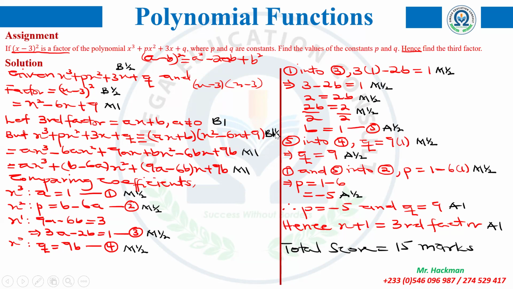Prof. Della? I think you've answered my question. I was going to ask that the comparing coefficients, the x raised to the power 1, what if you made B the subject? Yes, please. Oh, you have your plan. So that's exactly what I said. You should have the equations here.